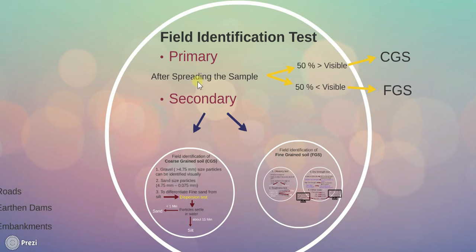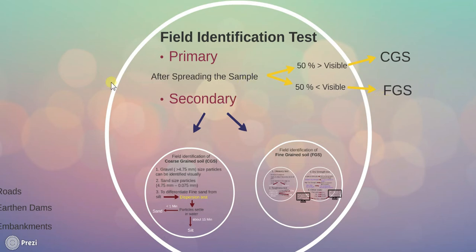The sample is first spread in the field on a flat surface. If more than 50% of the particles are visible to the naked eye, then the soil is coarse grained soil. If less than 50% of the soil particles are visible, then it is fine grained soil.